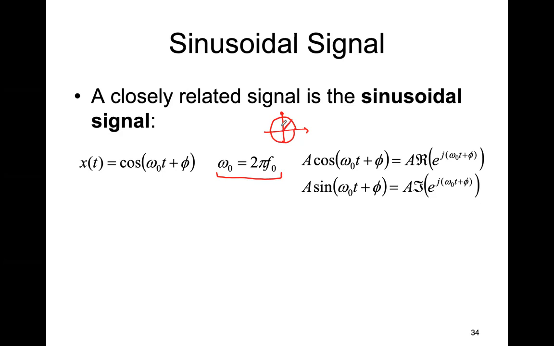If you remember from the angular frequency of a moving object, this will be my angular frequency, this will be my angle, and the number of times that I'm moving around this unit circle will give me the fundamental angular frequency. The number of times that I do this every second will give me the frequency.